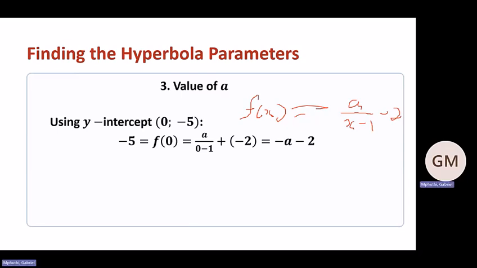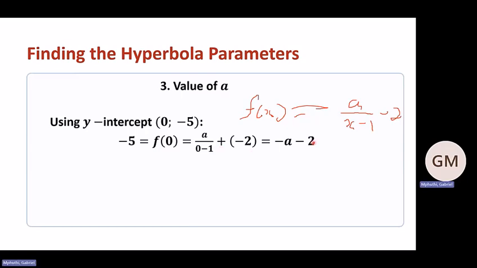I don't have a pen that will write better, but just to keep you in the loop, this is the function that we're working on. Now using this y-intercept, we are looking for the value of a. In order to find that, we substitute f of 0, which is equal to -5, and we get the equation a divided by 0 - 1, plus -2.